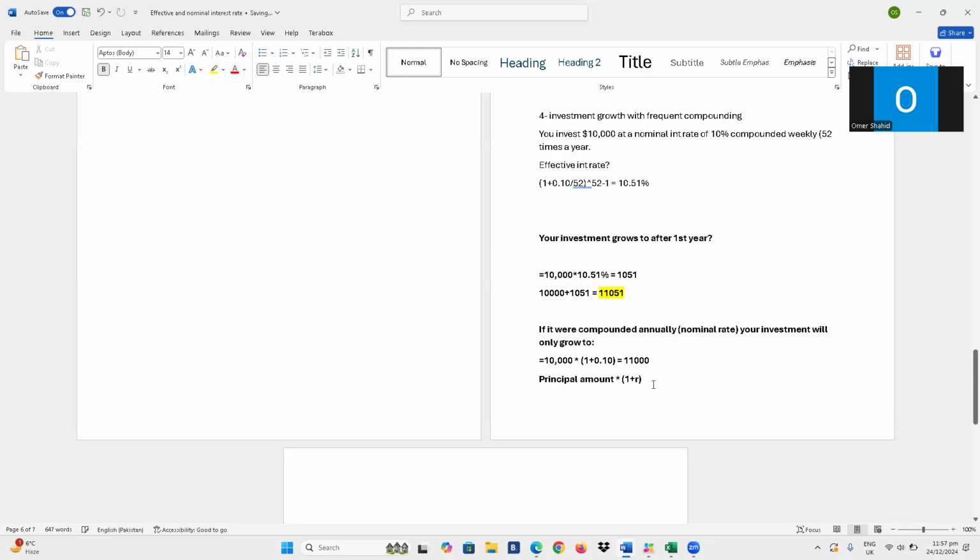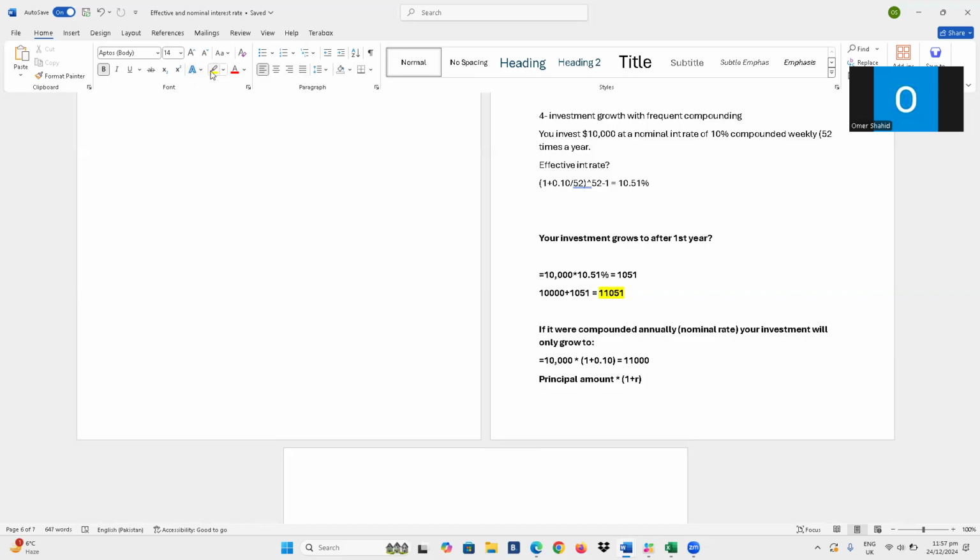If you are compounding it once annually, your nominal interest rate will be equal to the annual interest rate, so our effective interest rate will also be 10% in this example. So just use this formula if you're compounding annually instead of weekly. Our investment will only grow to 11,000.